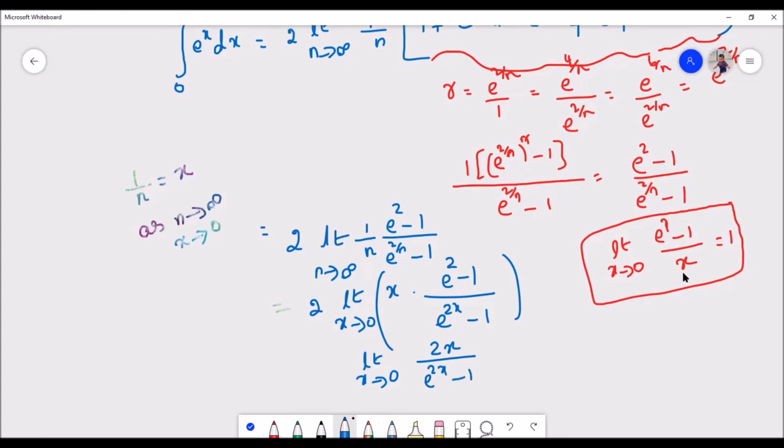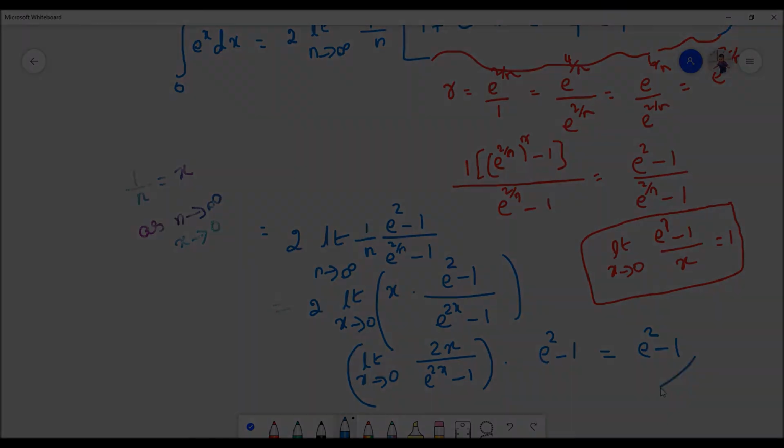Whether it is e power x minus 1 by x or x by e power x minus 1, we can write the whole thing as 1 divided by it, so there is no change. This whole thing will become 1. Then the term left over is e square minus 1, into e square minus 1. So this whole thing will become 1. The answer is e square minus 1. This is the final answer.